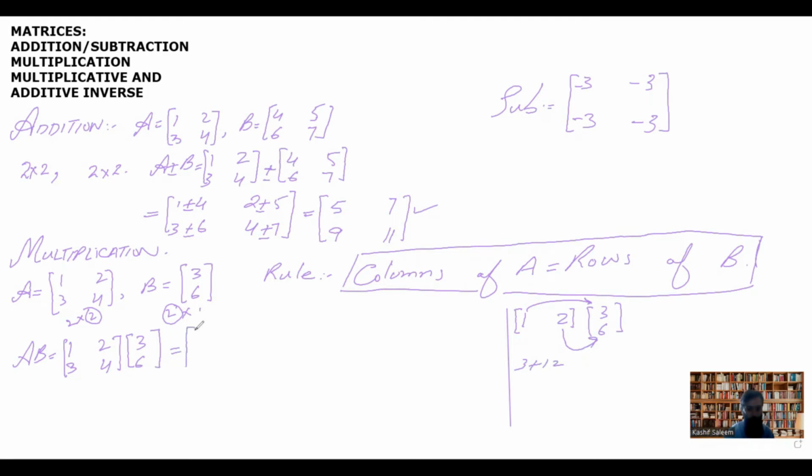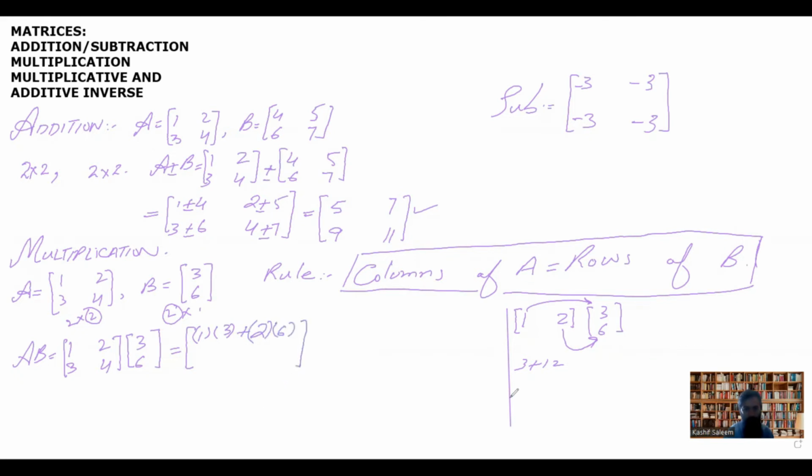So what you have to do is multiply the first row, that is 1 multiplied by 3, plus 2 multiplied by 6.